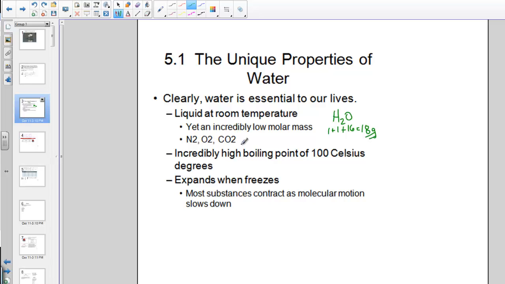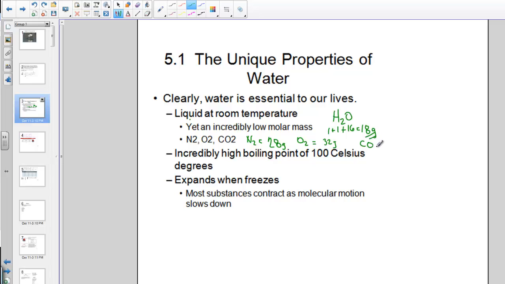Now, other molecules with low molar masses are not liquids at room temperature, they're gases. For instance, the molecular form of nitrogen, with each atom contributing 14, has a molar mass of 28 grams per mole. And diatomic oxygen, of course, is 16 and 16, which is 32 grams per mole.